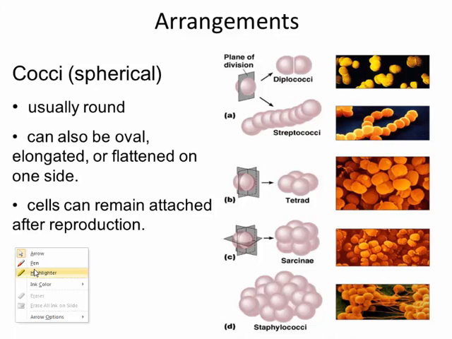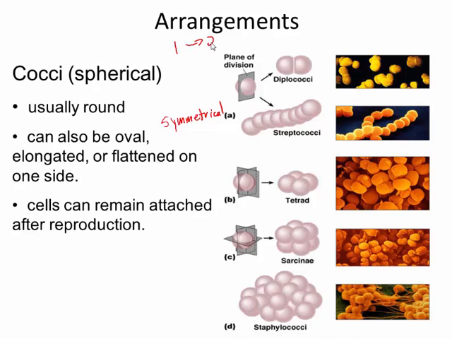Usually round. When we look at them in the microscope, they tend to be symmetrical. That means they're perfectly round. Now, some of them can be oval or a bit elongated, but for the most part, we're going to see perfect spheres. Now, interestingly, because of their shape, when they divide, when one cell splits into two cells, they can split along many planes.